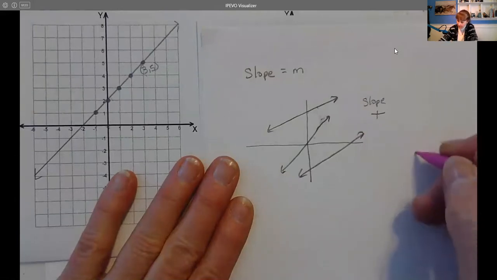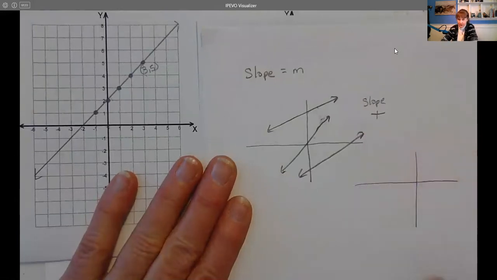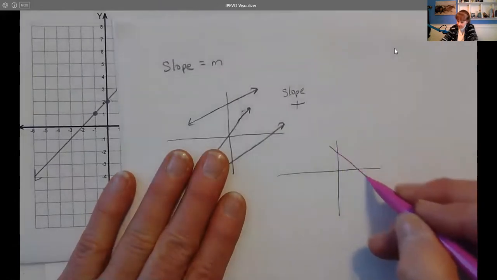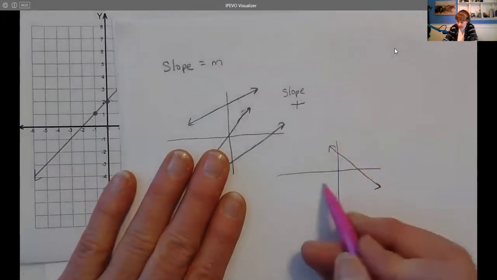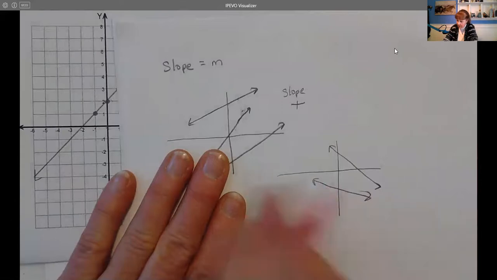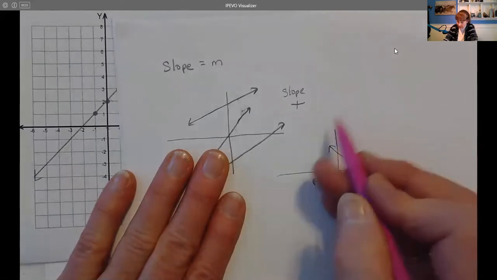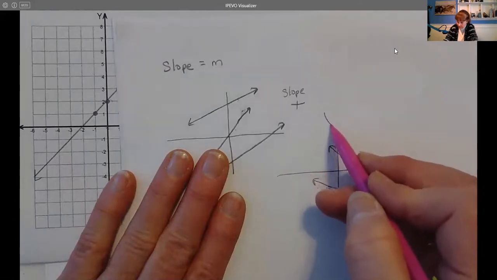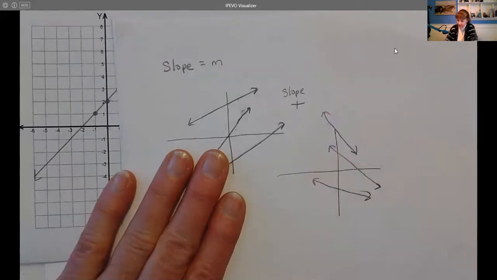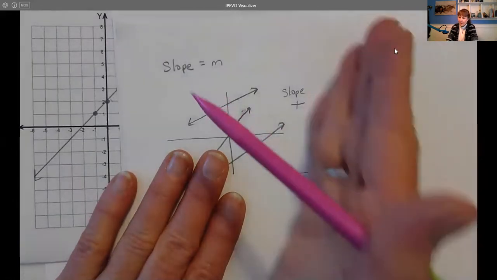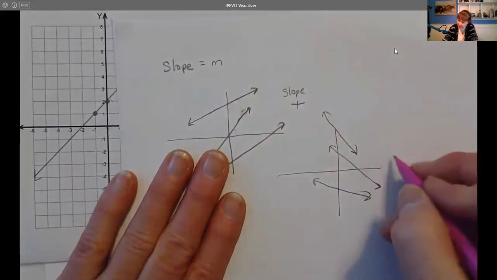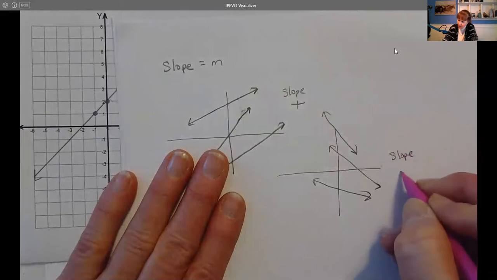However, if they're falling, let's talk about here. If they're falling from left to right, it's like you're going downhill from left to right. I can even put one up here that's fairly steep. All of these are falling from left to right. So in this example, the slopes are negative.